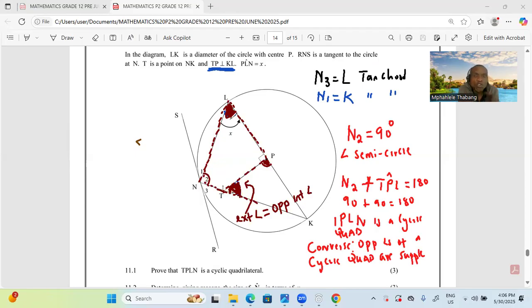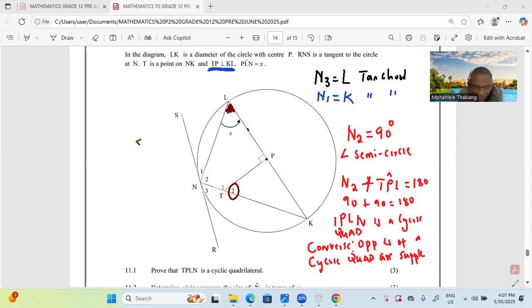Automatically now look for the angles that become equal just because the quadrilateral is a cyclic quad. So what I'm saying here is that the angle T2 becomes equivalent to the angle S, which means that actually T2 is X. But if you rush, you won't see that.